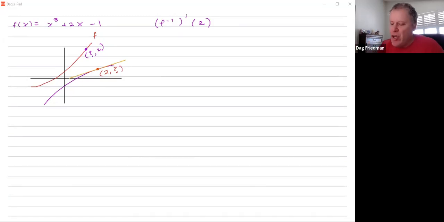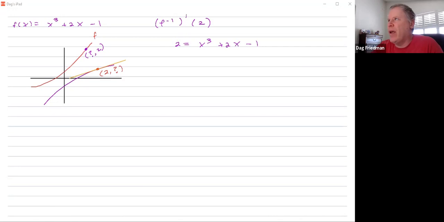So the first thing I need to do is figure out what this question mark is. The way I'm going to do that is I'm going to take my original function and set it equal to 2, because I know the output is supposed to be 2. So I'm going to say 2 equals x cubed plus 2x minus 1. And now I'm going to figure out what that value for x is.